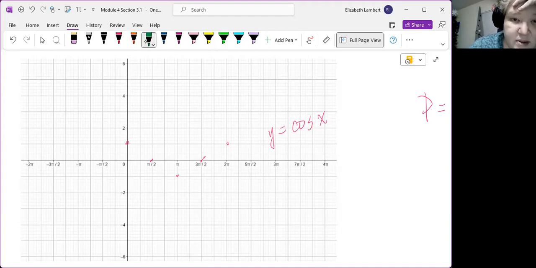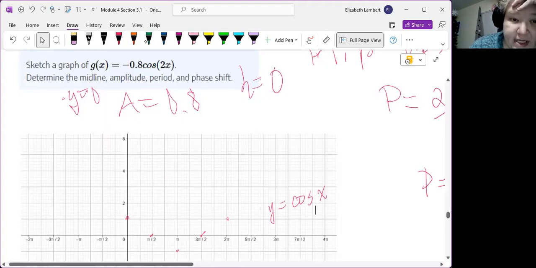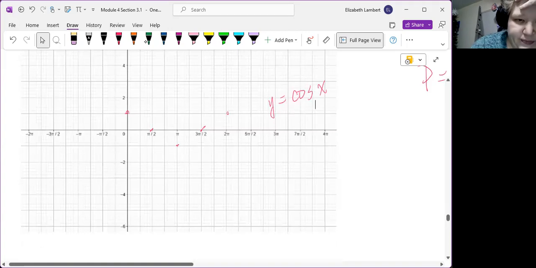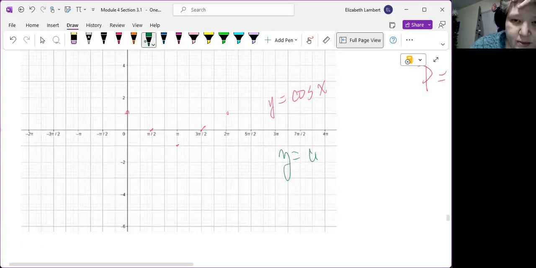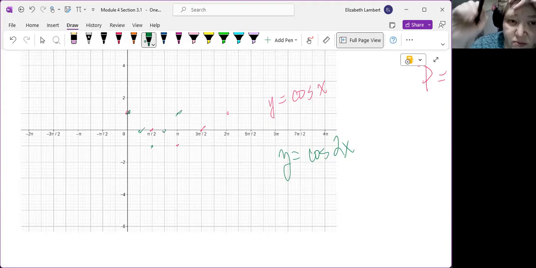Now, if I want to do cosine 2x, I'm going to do that whole cycle. I'll still start here, but instead of finishing the cycle at 2 pi, I'm going to finish it at pi. So that means my half cycle will be there, and my quarter cycles will be there. So that's our main dots for cosine of 2x.